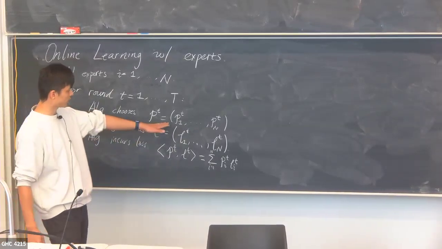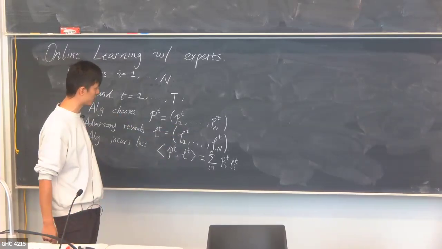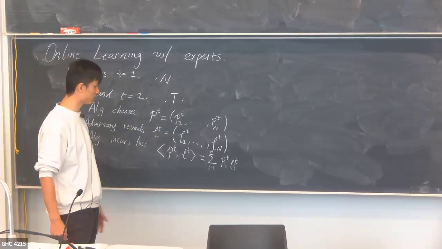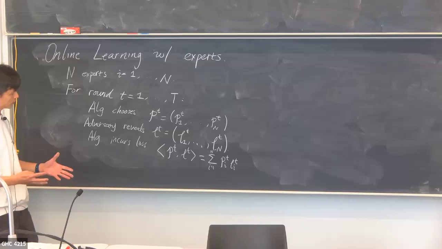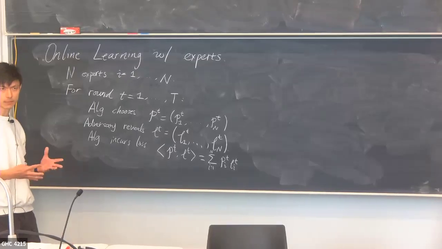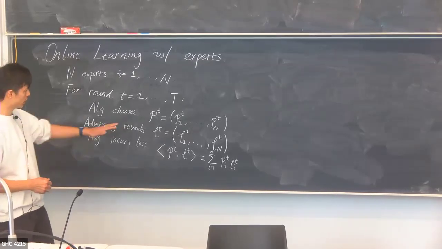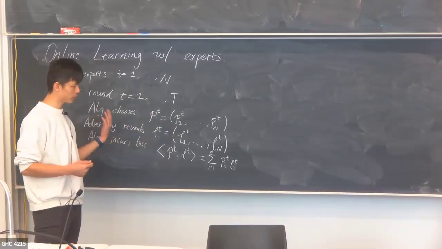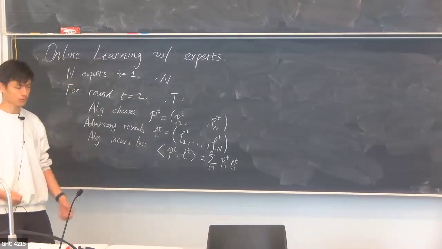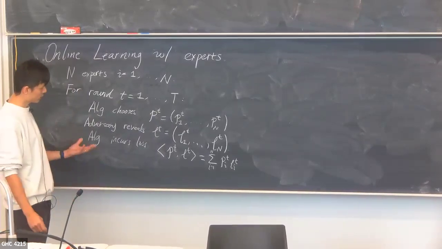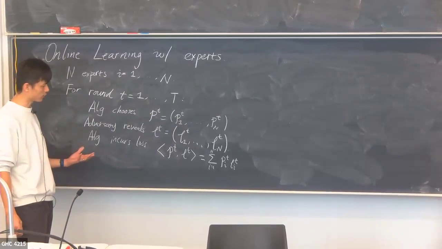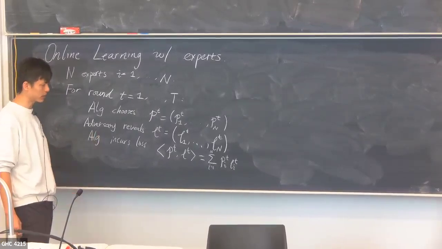That's going to be useful later on for future lectures because you will be used to thinking about different learning algorithms choosing different kinds of parameters. Here you can think about the probability as some sort of parameter you can choose. This is a game that takes place over some number of rounds, let's say capital T rounds.